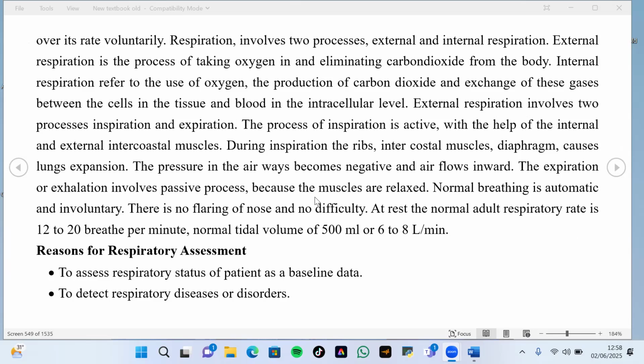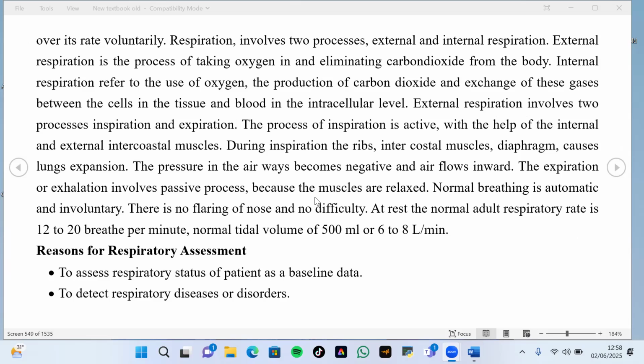External respiration involves two processes, inspiration and expiration. The process of inspiration is active, that is, it is carried out with the help of the internal and external intercostal muscles. During inspiration, the ribs, intercostal muscles and diaphragm cause the lung to expand.